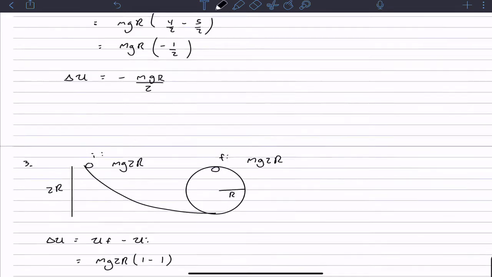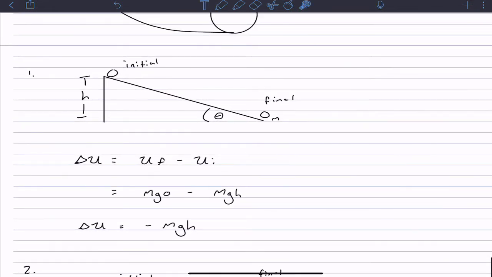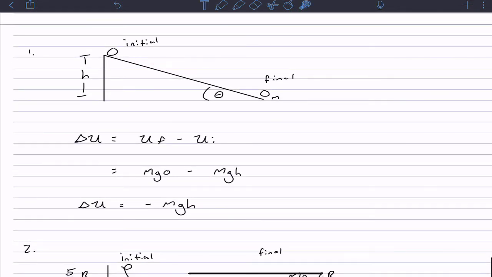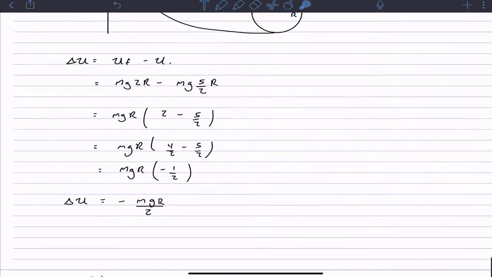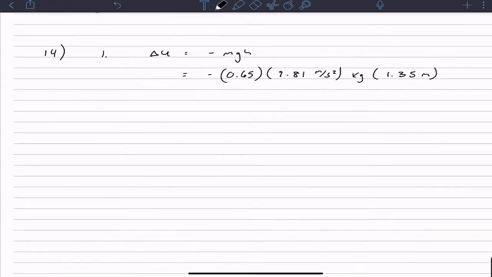The only way you would want to consider the angle for this problem is if you're considering the path. If you wanted to know something about that, then you would use the angle. But since it's path independent, all we need is the height. We just need to know the potential here and the potential here. So we should be good there.